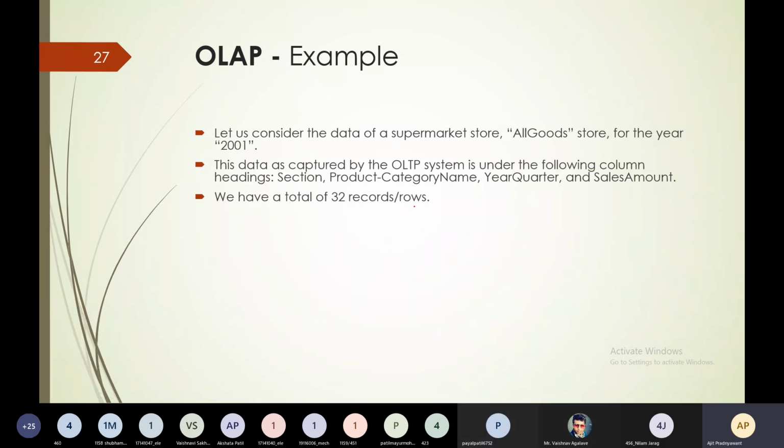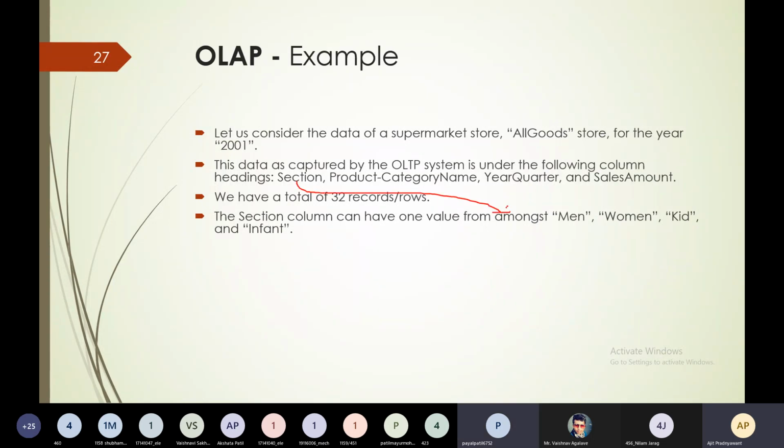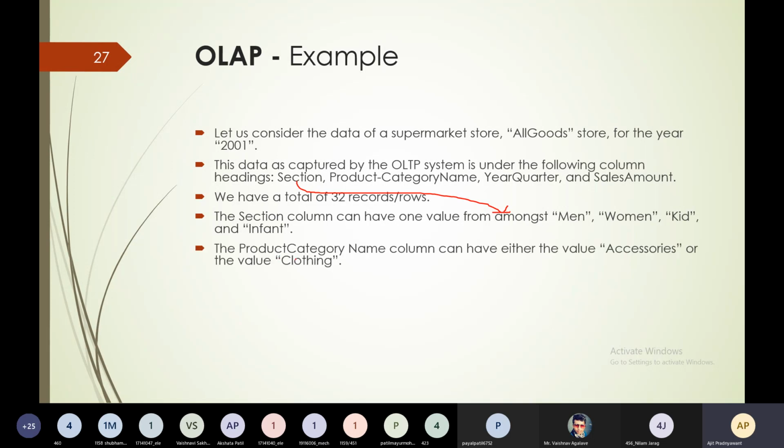We have a total of 32 records, that is rows. The section column can have one value from men, women, kid, and infant. So this section will hold among the values men, women, kid, or infant. Similarly, the product category name column can have either the value accessories or clothing.